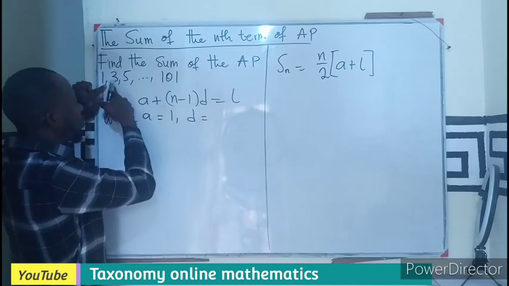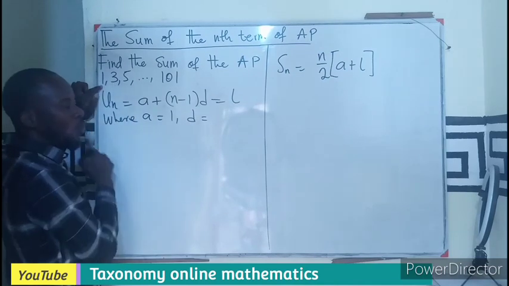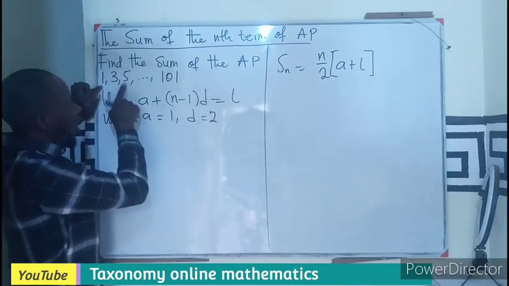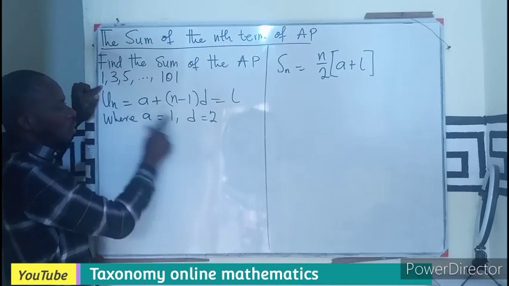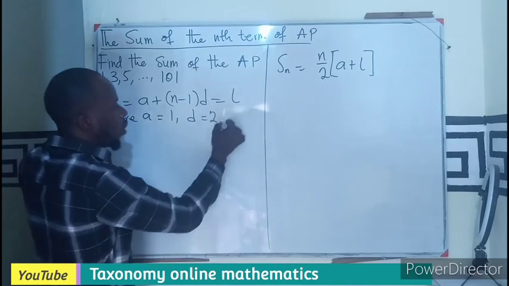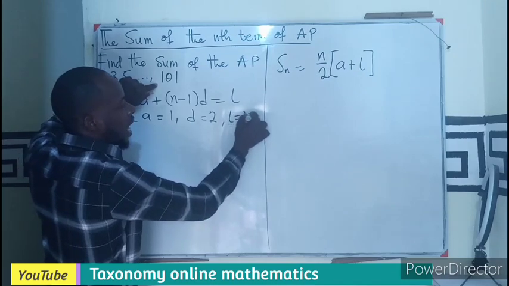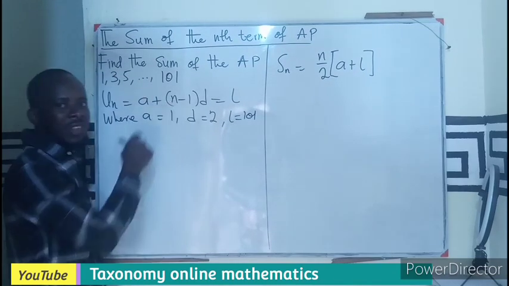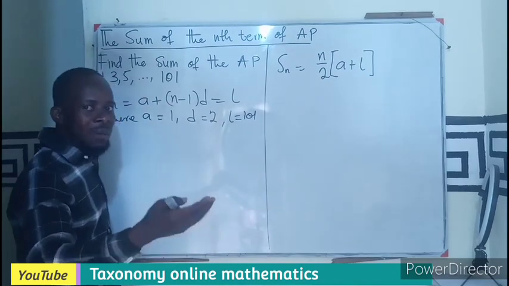Our common difference is the difference between 3 and 1, which is 2. Likewise, the difference between 5 and 3 is also 2. Then we know our last term is 101. So the only unknown quantity here is n, and that can be found.